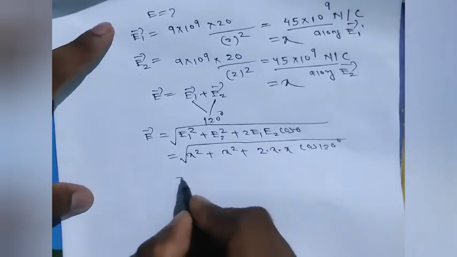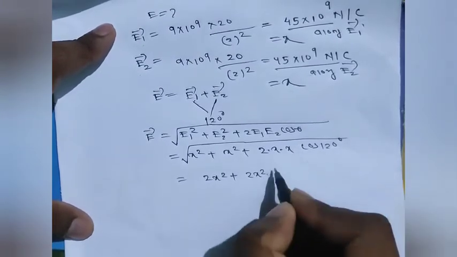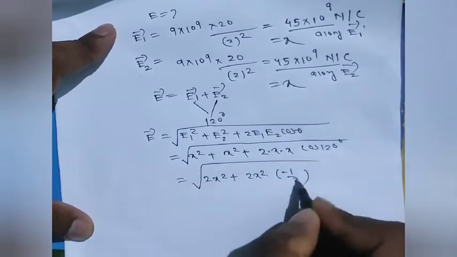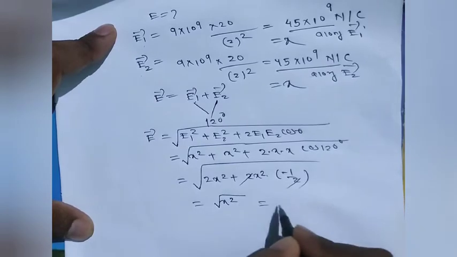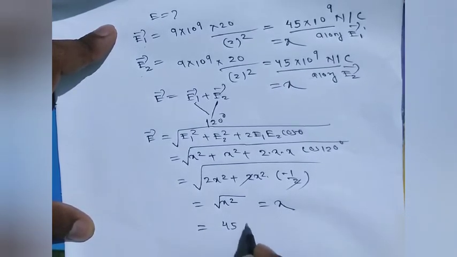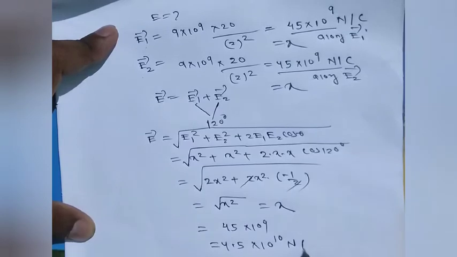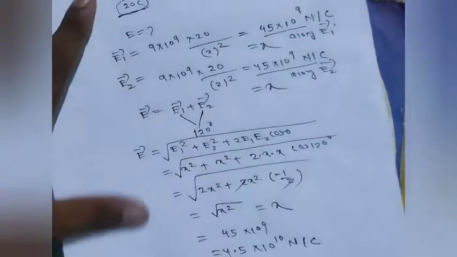So it will be x square plus x square plus 2x square, and cos 120 degree is minus 1 by 2. So this will cancel. So it will be x square, the root is x, and what is the value of x? It's simply 45 into 10 to the power 9. So it will be 4.5 into 10 to the power 10 Newton per Coulomb, and it will be directed along this direction, along E.